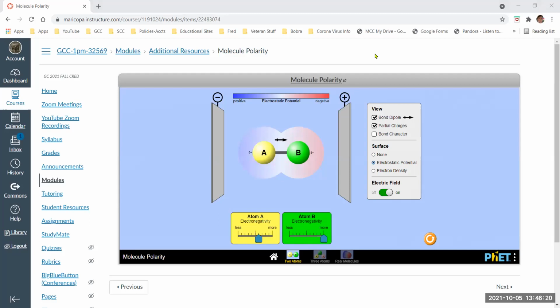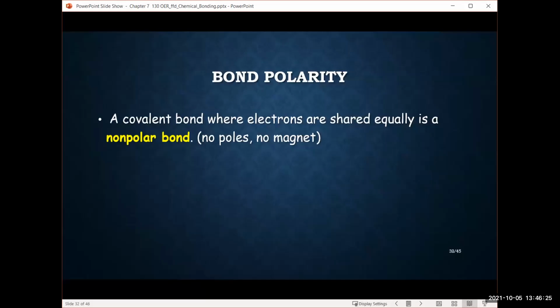So this is bond polarity. And this is only for covalent compounds, okay? When the electrons in a covalent bond are being shared equally, meaning that the electronegativity of each one is the same, we have what we call a nonpolar bond. No poles, no magnet, okay?